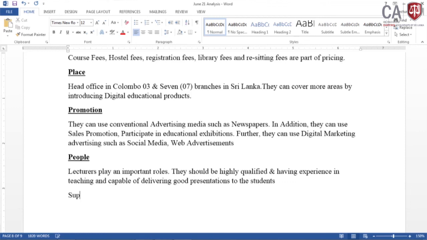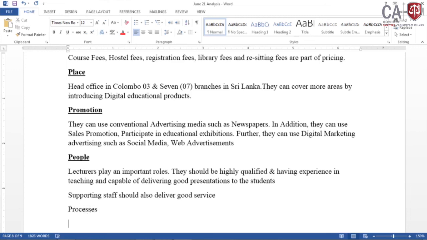Then supporting staff should also deliver good service, people.